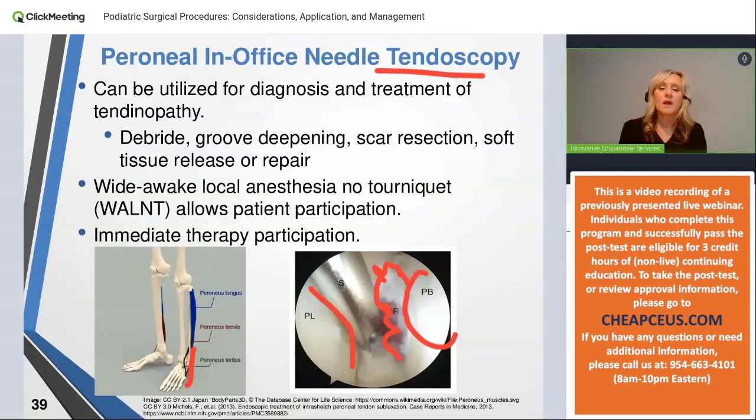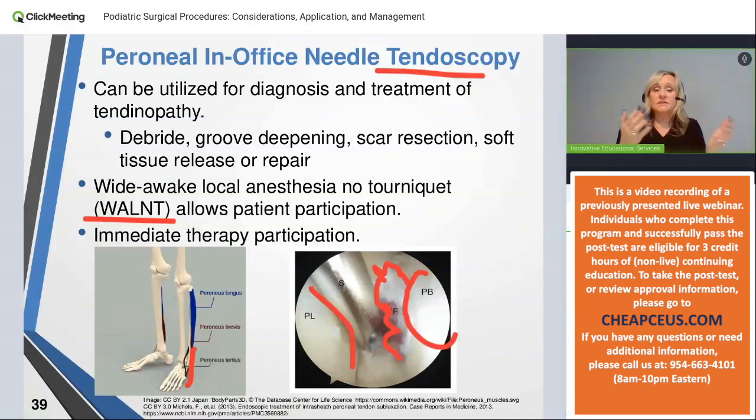In the foot and ankle, we're starting to see more use of WALANT procedures, and it really fits with this because the patient is wide awake. They are able to move that foot and ankle during the surgical procedure so the surgeon can see if they've cleared all of the fibrotic tissue, if they've created enough space in that pathway for those tendons to glide and move.